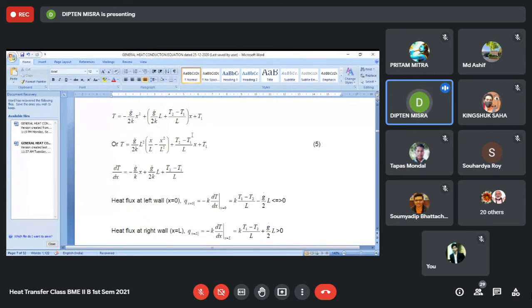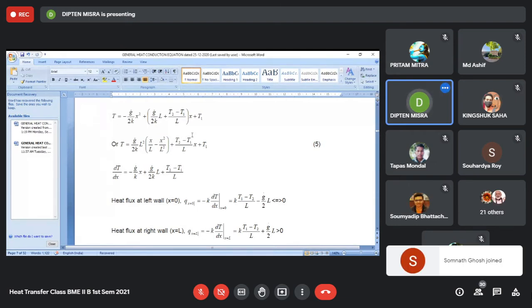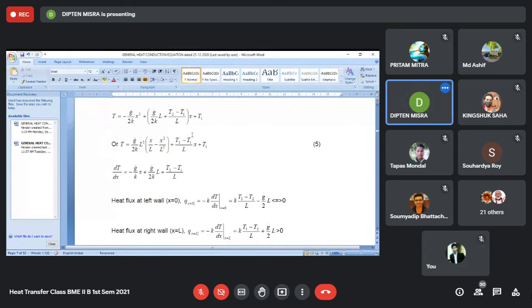Now these things, g dot, L, k, T1 and T2, are called parameters, and x is known as the independent variable and T is the dependent variable.